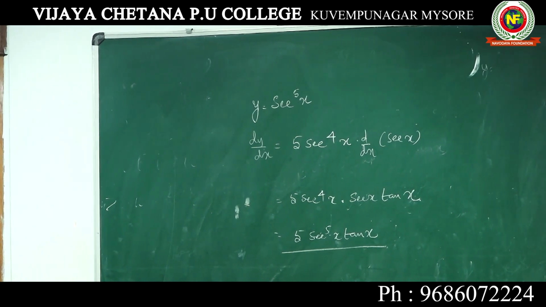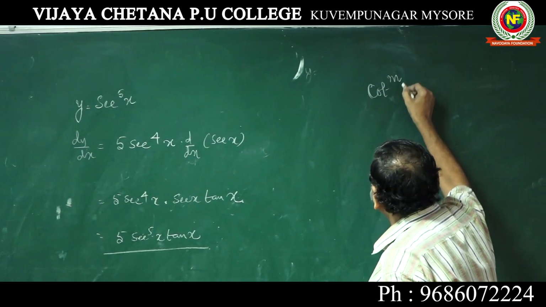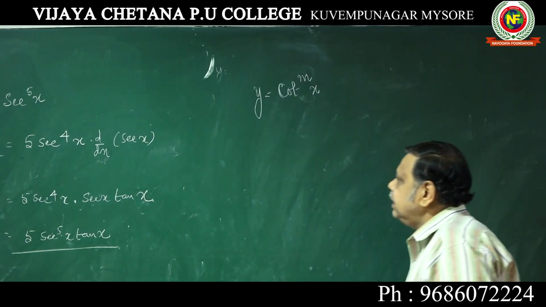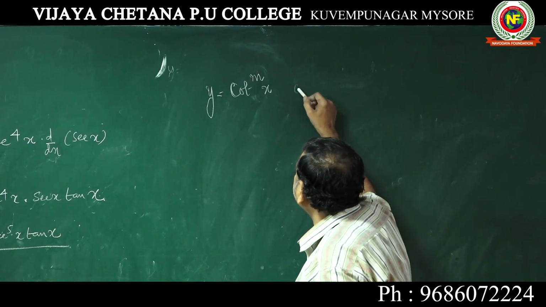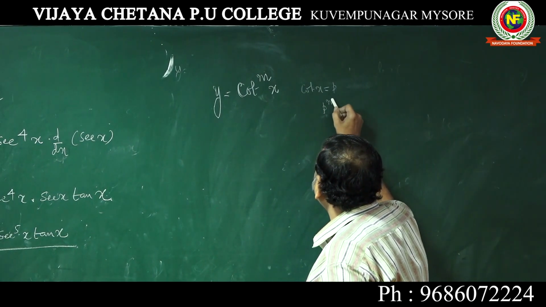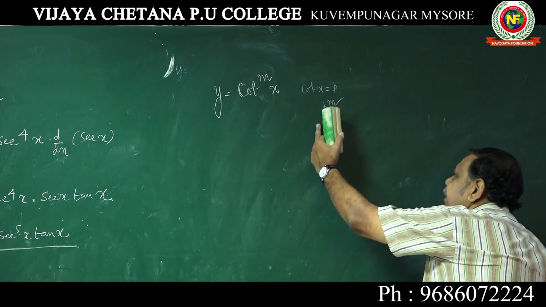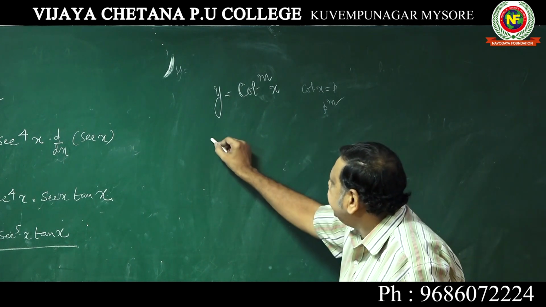We'll take one more. Say cot to the power of mx. So here, when you differentiate, you put cot x as p. When you put cot x as p, it becomes p to the power of m. When you differentiate p to the power of m, it is m into p to the power of m minus 1 into d by dx of that p.